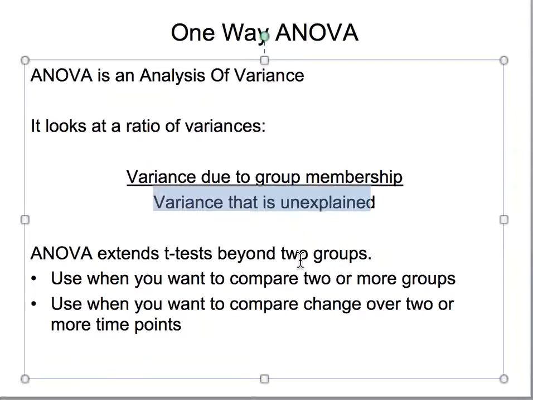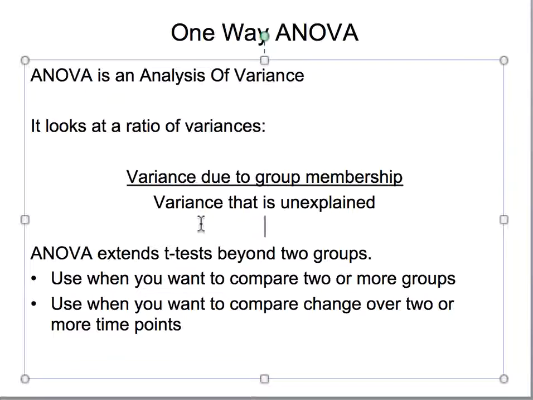Now, the nice thing about ANOVA, because so far it's kind of just like a t-test, is that I can compare more than 2 groups at once. When you were looking at the exam, right, you could compare 2 groups with an independent t-test, or you could look at how people changed over 2 different time periods with a paired samples t-test.